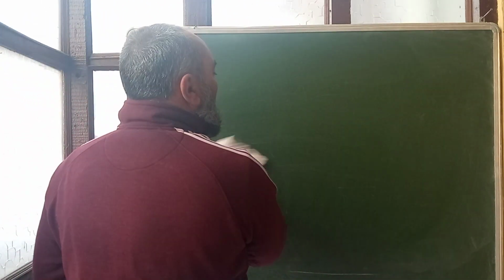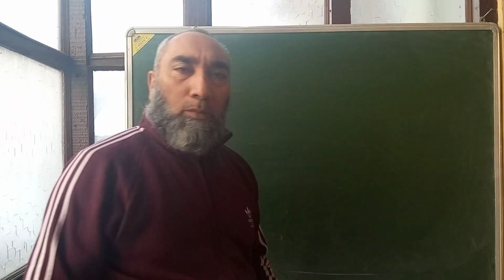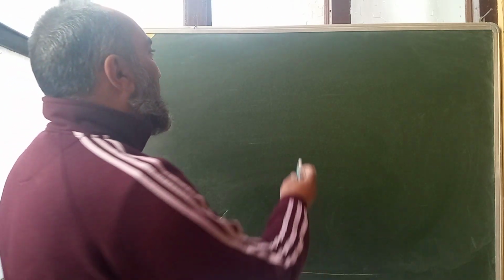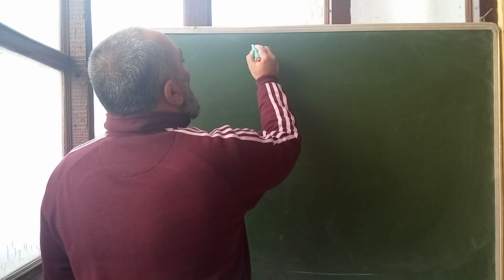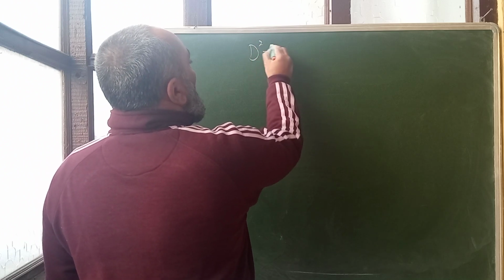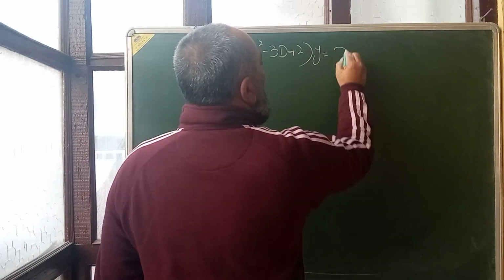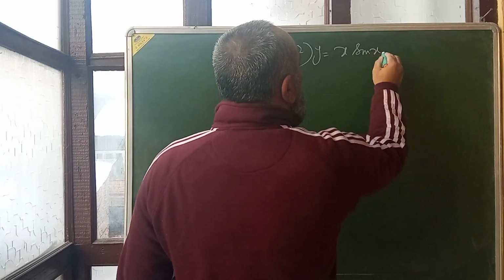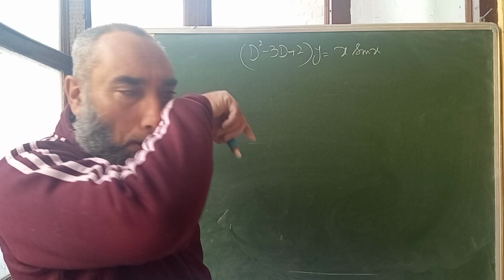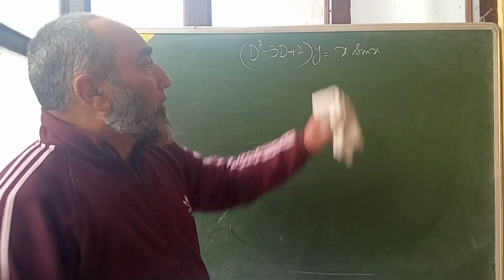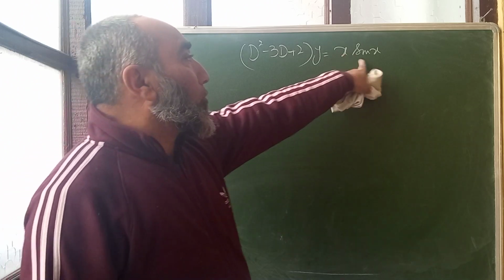So every question can be solved in this form if you have a product of two functions. But if you have a question of this type, say (D squared minus 3D plus 2) operating on y equal to x sine x. These are a product of two functions, x and sine x. How will you do it?